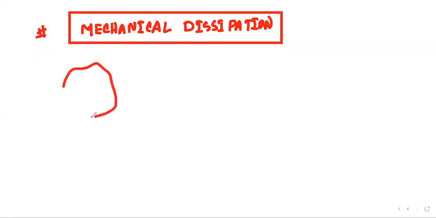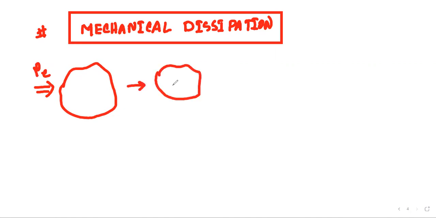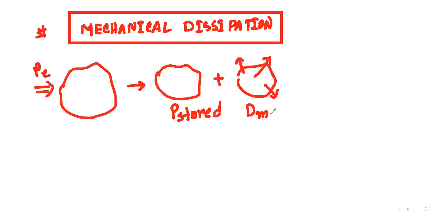Suppose this is a body and we input some mechanical energy. We can decompose it into two parts: the energy that is stored and the energy that is lost. This is the dissipation.